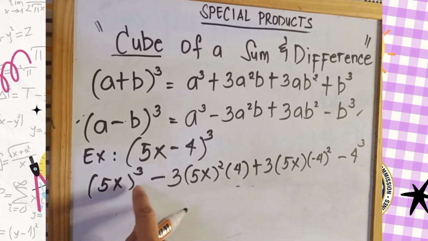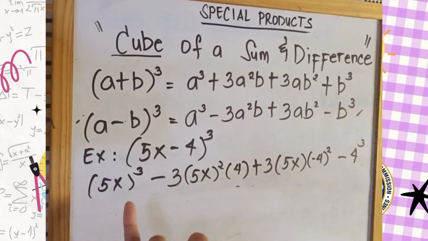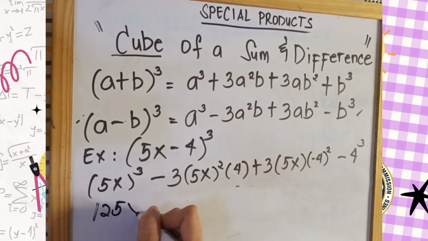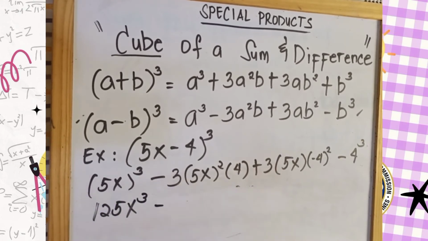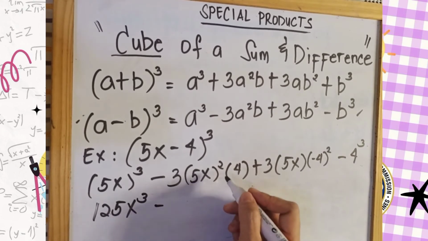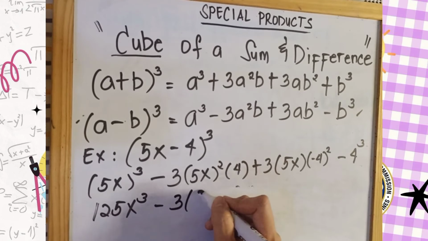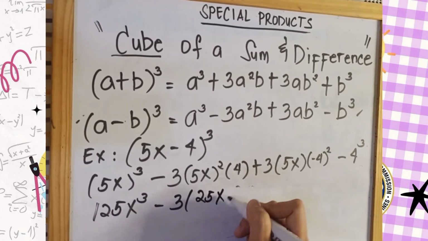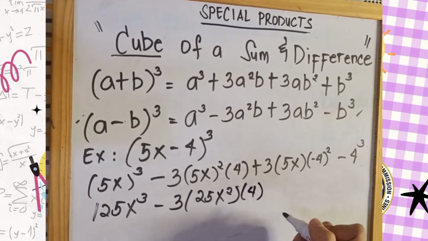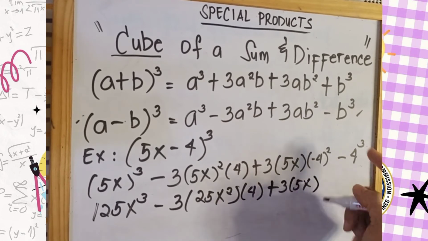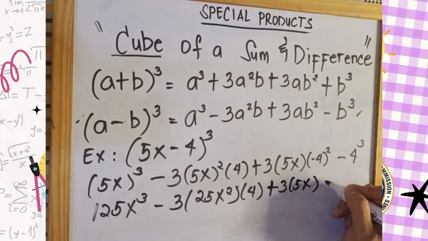So, 5x cube, that is 5 times 5 times 5. So, that's 125x cube minus, i-squared muna natin yung second term dito. So, 3 times 25 x squared times 4 plus 3 times 5x, tapos squared natin yung negative 4.